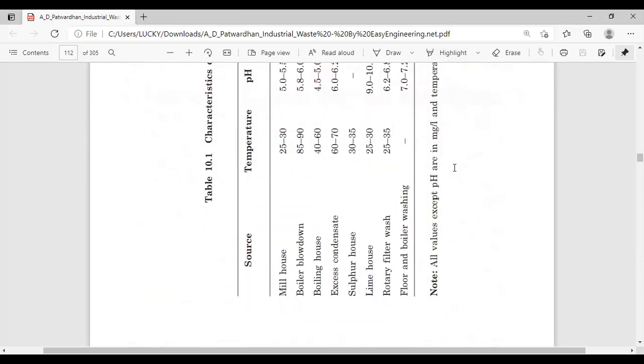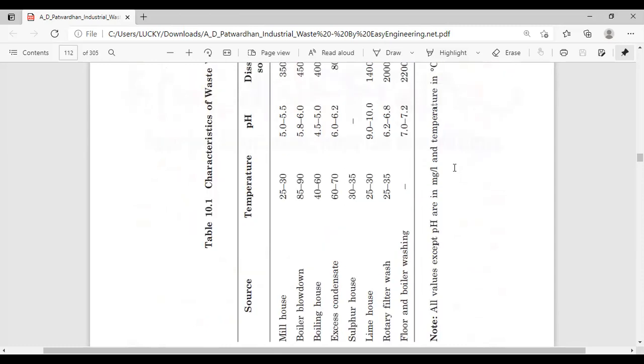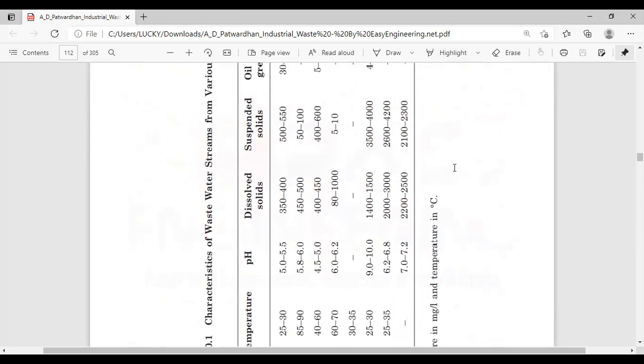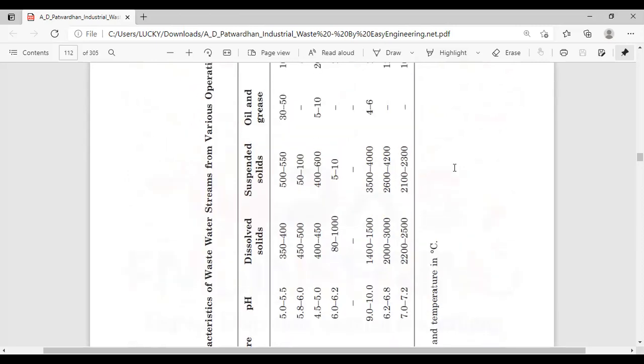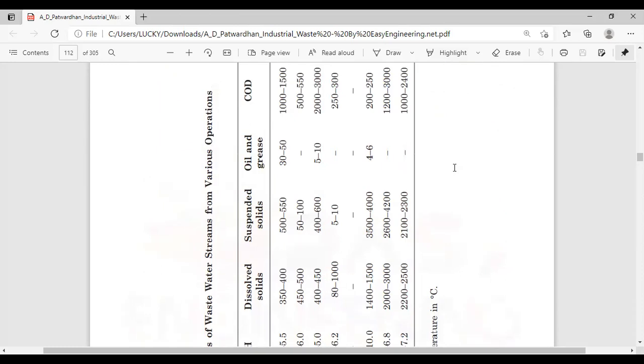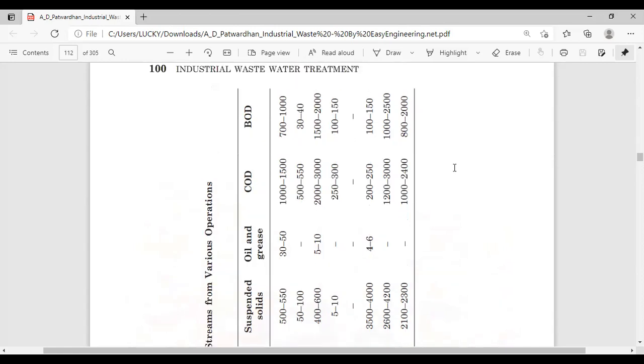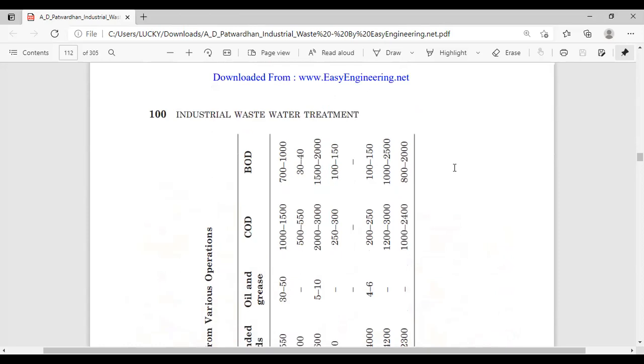And for the boiling house, temperature is 40 to 60 and pH 4.5 to 5.0, dissolved solids 400 to 450, suspended solids 400 to 660, oil and grease is 5 to 10 milligram per liter, and COD is 2000 to 3000, BOD is 1500 to 2000.